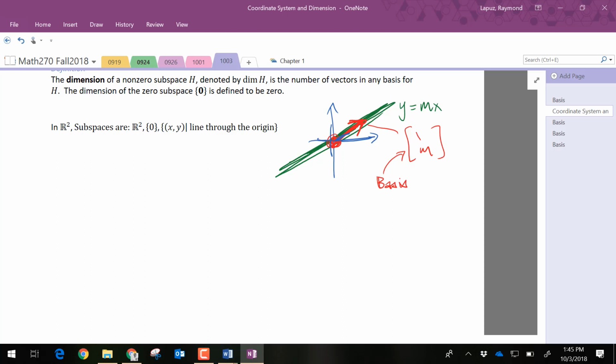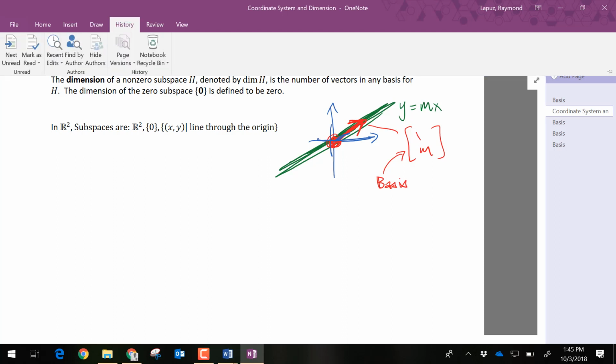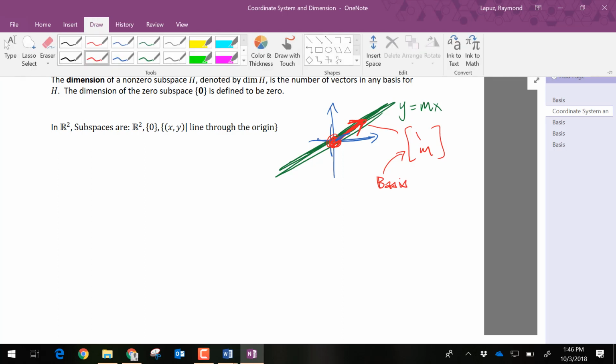So zero's in there, and if I add two vectors on this line, I'm still going to get a vector on that line. And if I scale or multiply any vector on this line, I'm still going to be on that line. So that's good. And this only has one vector in my basis, so it would be a one-dimensional subspace. So what we have here in R2 are three examples of subspaces.